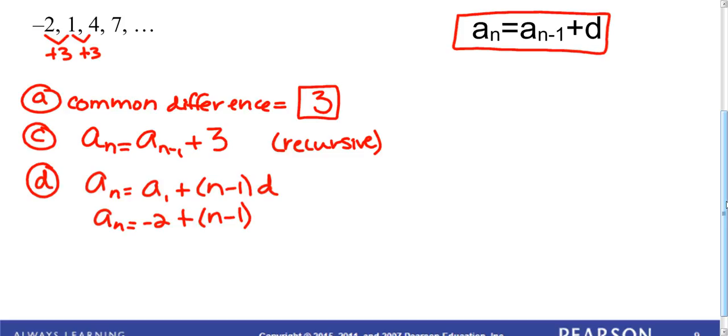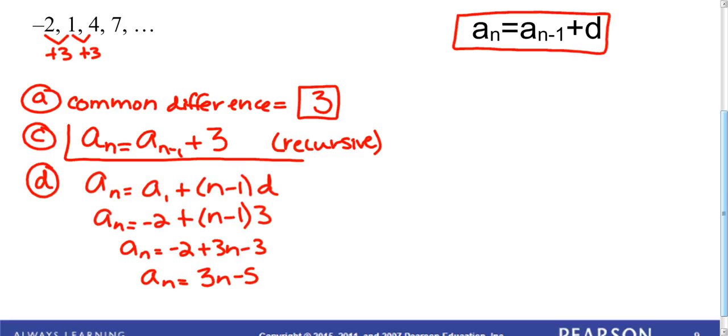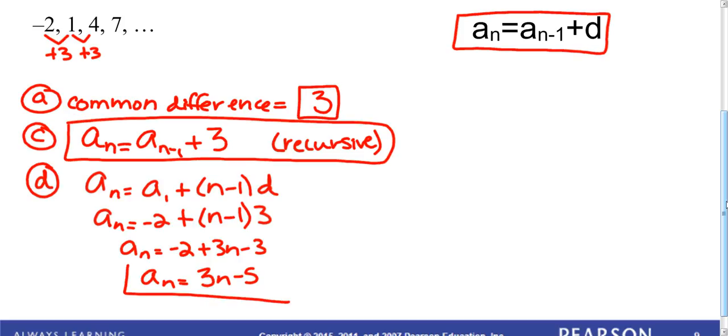And then my common difference is 3. And I'm going to make this just a little bit prettier by distributing that 3 through. So then I have -2 plus 3n minus 3. And I'll make it even prettier by combining my like terms and getting it to 3n minus 5. So I'm going to box these off. This is recursive. This is my explicit formula.